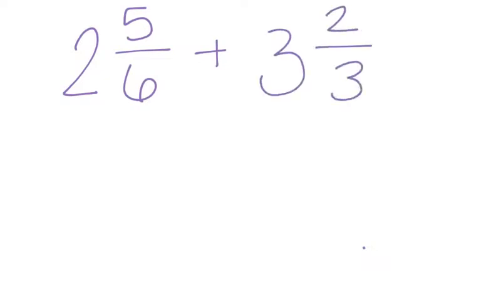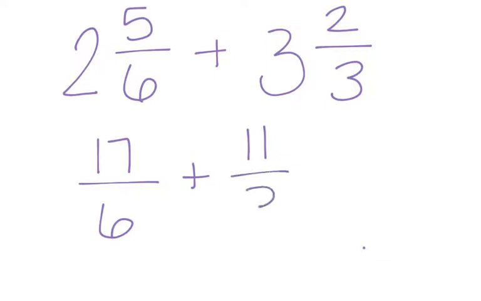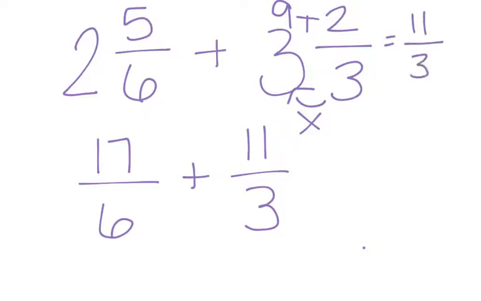Your first step is to solve this problem. So we have 17 over 6 plus 11 over 3. You get that by multiplying and then adding, and your denominator does not change.